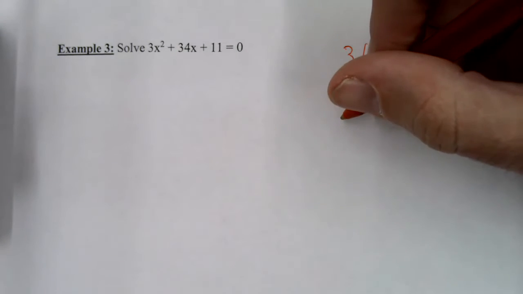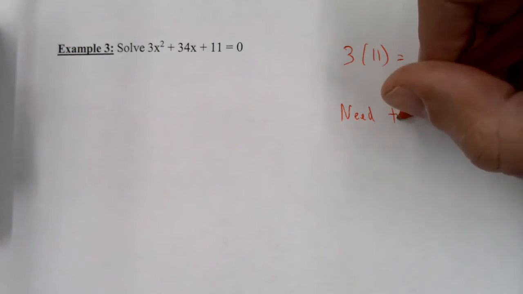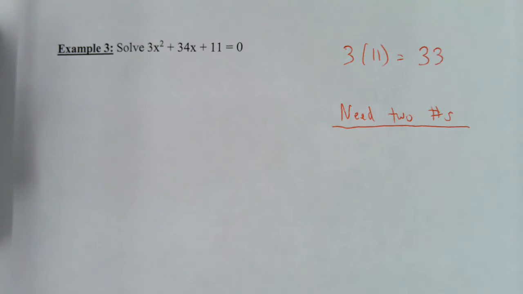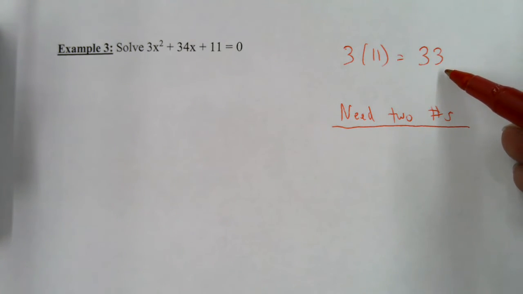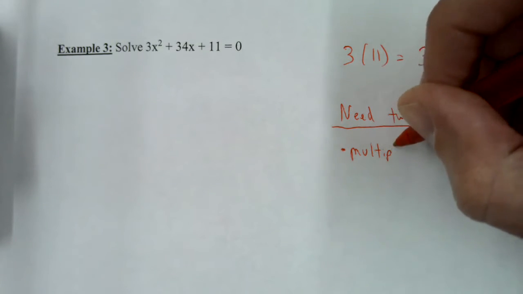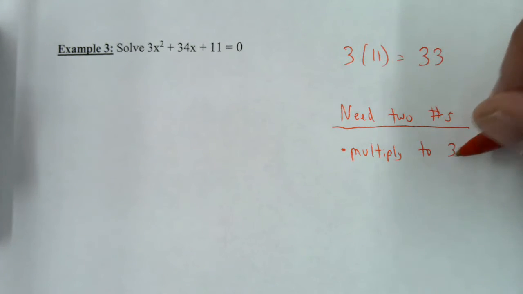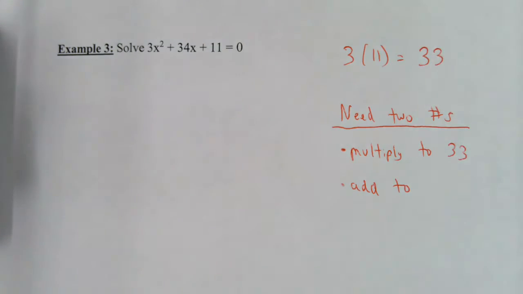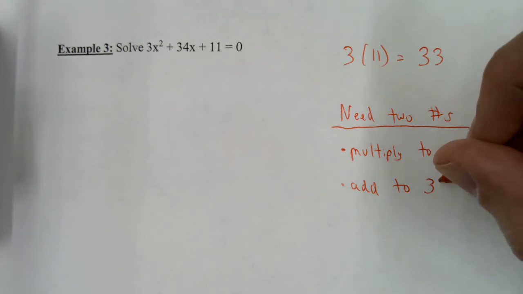Now you need to find two numbers that multiply to 33, and they have to add to this number right here, 34.